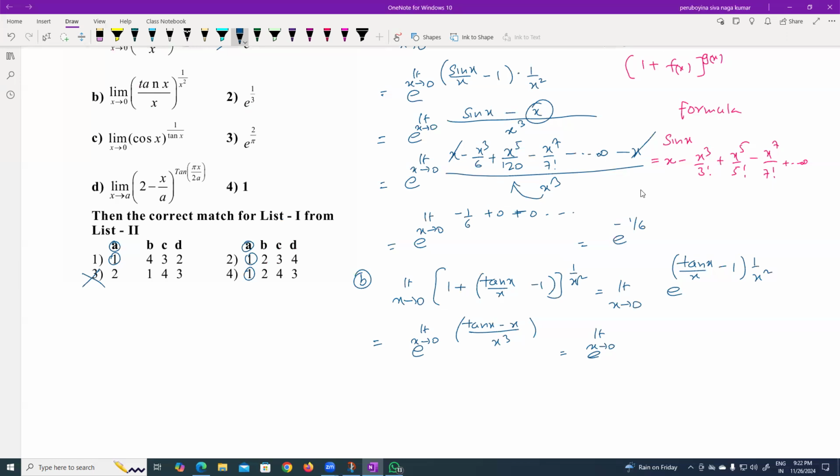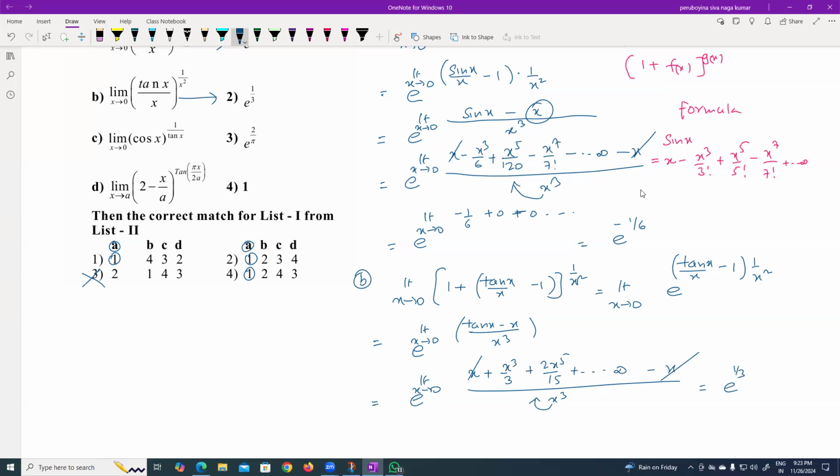Tan x means x plus x cube by 3 plus 2x power 5 by 15 plus and so on to infinity, and then minus x, whole divided by x cube. Plus x minus x cancel, and x cube divides each and every number, and substituting x value 0, what will we get? 1 by 3, right? So the second option is correct.